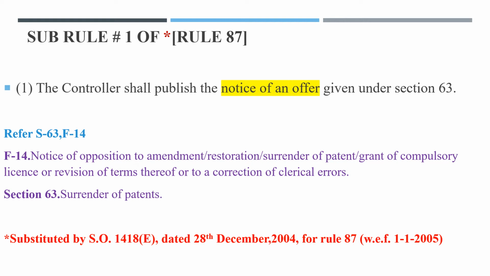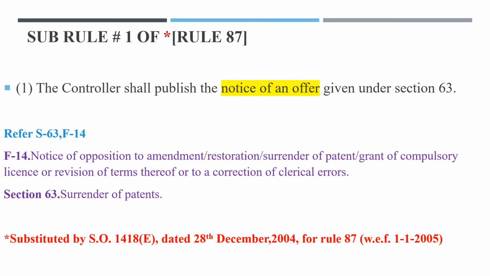And the form number involved here is Form 14, which is notice of opposition to amendment or restoration or surrender of patent or grant of compulsory license or revision of terms thereof or to a correction of clerical errors.